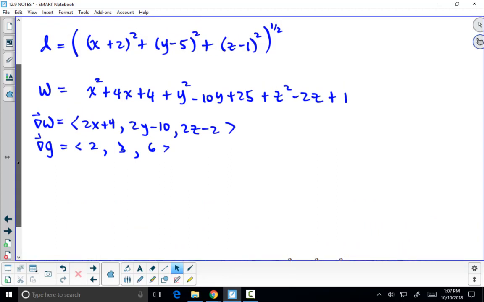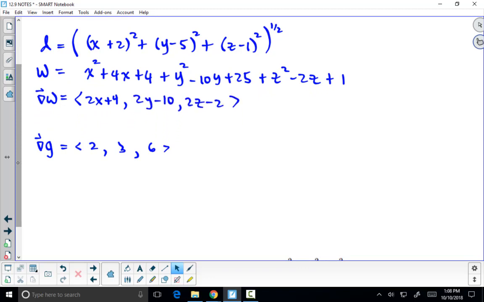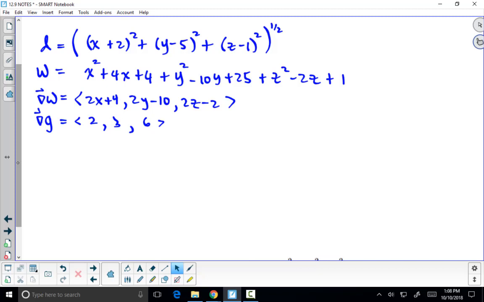Yeah? So you said that we're minimizing the distance formula using the point because that's what we want to have the smallest amount of? Yes, the distance. So we created the distance from a random point over to the -2, 5, 1. And then we're going to minimize that subject to the plane.